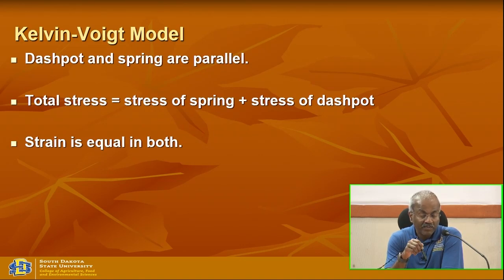Kelvin-Voigt model is a creep where dashpot and spring are in parallel, and in that case you apply the constant stress and then monitor the strain output.